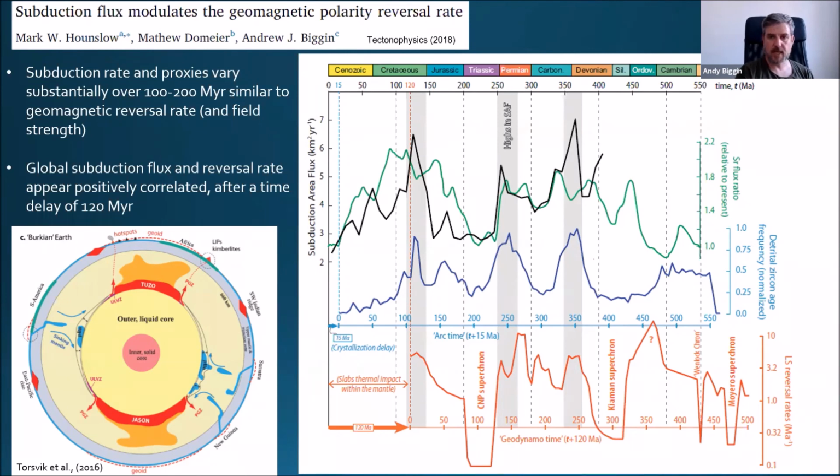So, in this study that we published in 2018, Mark Hanslow, Matt Domeyer and myself, we had a look to see if it fits to first order, looking at variations in subduction flux and variations in the reversal frequency, given that we'd expect when the subduction flux is high, that's driving mantle convection harder. We'd expect to be cooling the core more, and therefore to increase the Rayleigh number in the core and to drive more reversals.